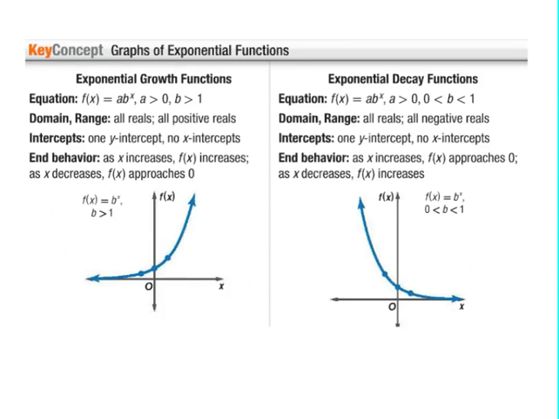So let's go ahead and look at the next slide. There's not a lot you need to understand here except for the fact that growth goes up and decay goes down. There are some different characteristics of each. We will get into that more, especially in Algebra 2.